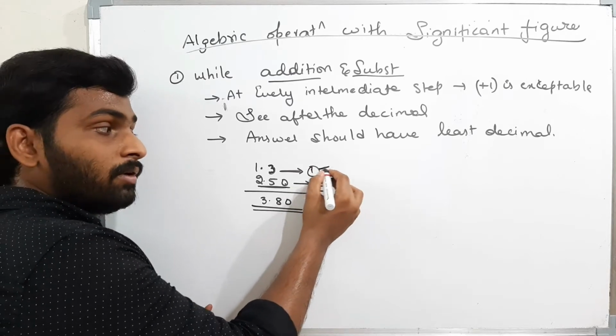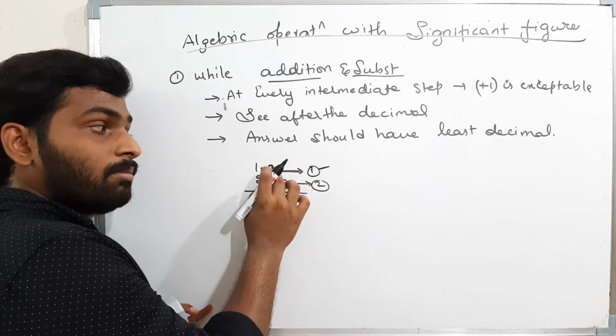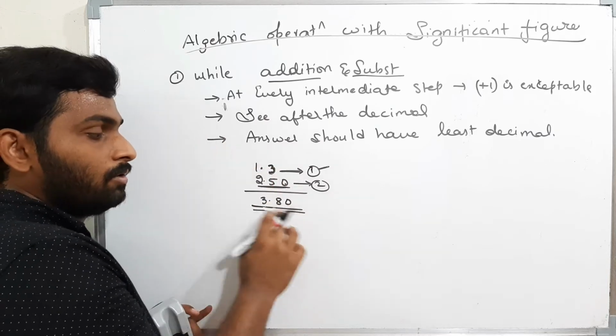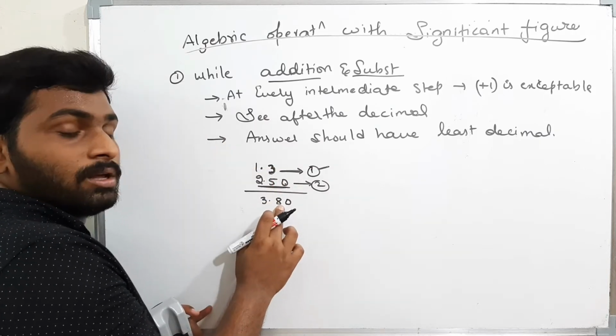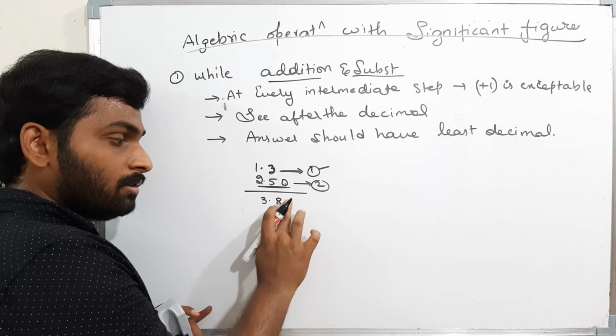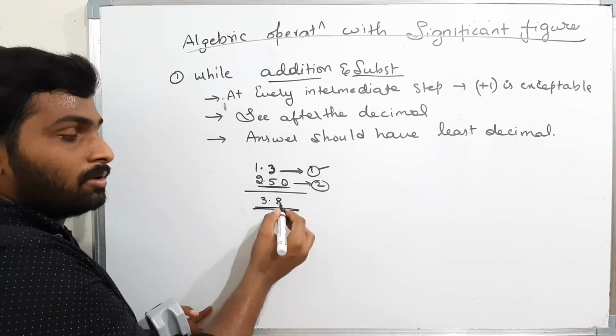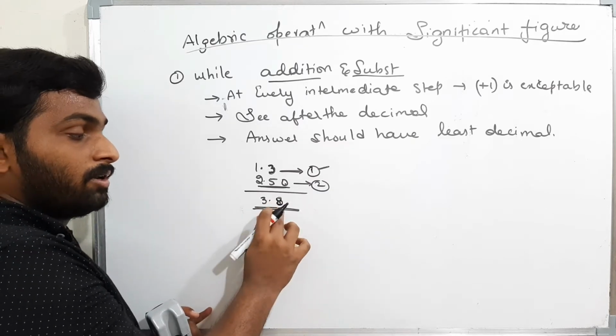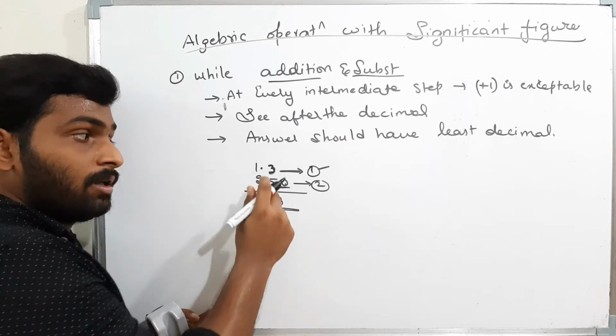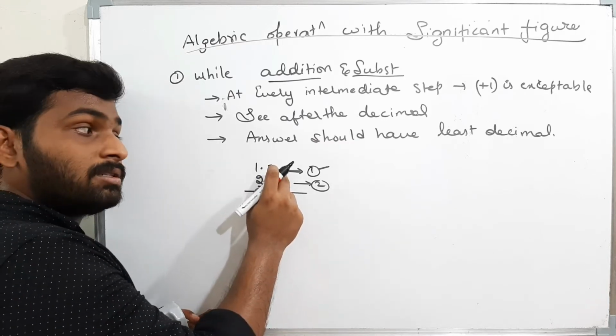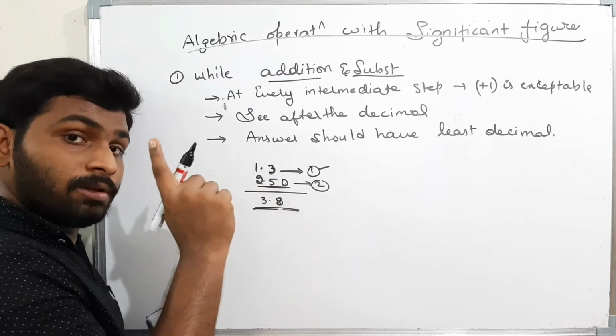The least is 1. Therefore, the answer should have the same number of digits as the least. So this is not the right answer. The right answer is 3.8, because after the decimal only 1 digit is there, and because the least has 1 digit, the answer should also have 1 digit.